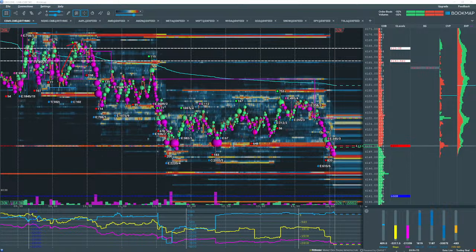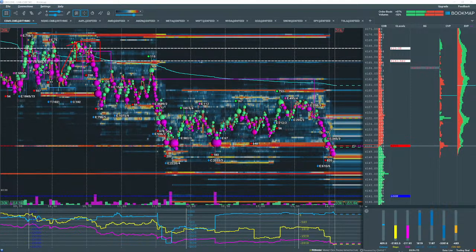And green indicates that there are more buyers than sellers. And note the shift in order flow as price reaches that 413 level. Aggressive sellers start to come in. You can see the shift in dots from green to pink, and the pink is the color that I use for aggressive sell orders.